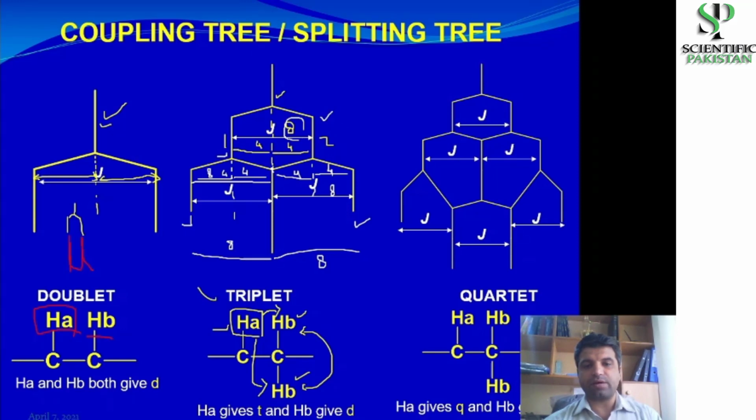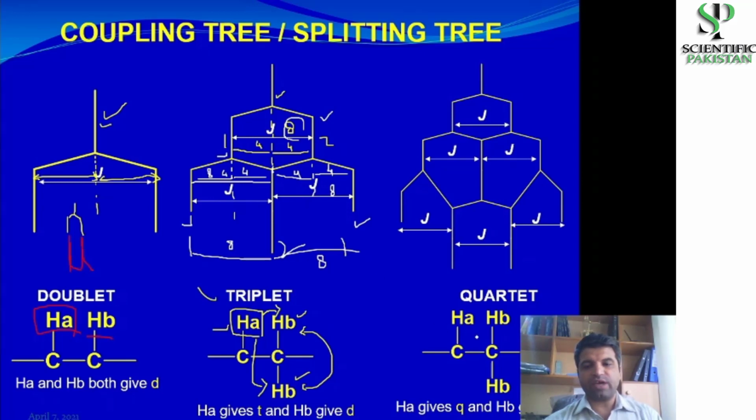So they meet here. And that is why, because two lines merge here, the signal intensity is twice. And that is why a triplet has a relative intensity of 1:2:1. This is how you draw the splitting tree for a triplet.